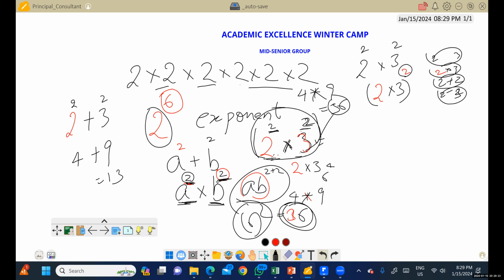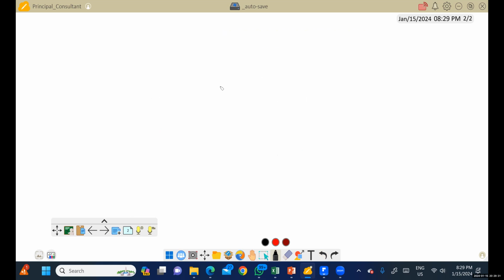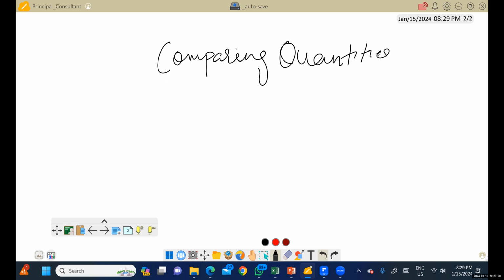Today, let's talk about, and maybe we'll involve the exponents in our comparing quantities. So today, when we learn about comparing quantities, we know we are talking about comparing.